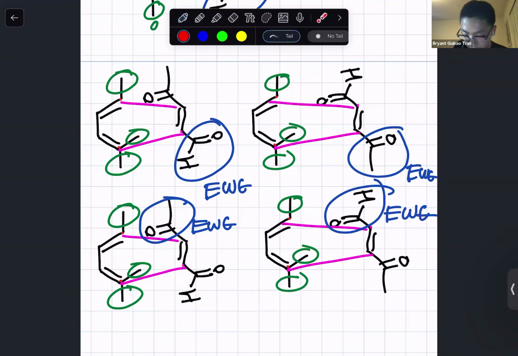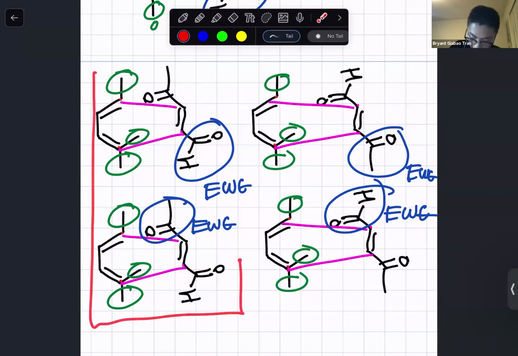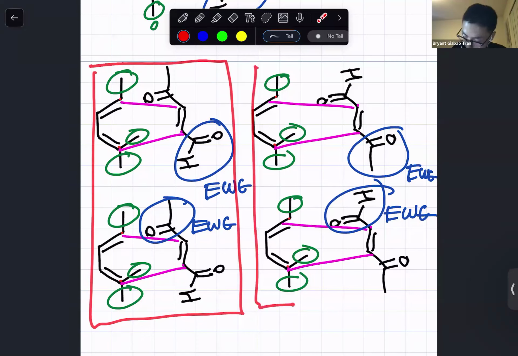And that would change the stereochemistry because we want the out group cis to the EWG and we want the in group trans to the EWG, right? So 2, 4, 6, 8 products from here, where these pairs here have the same orientation, same regiochemistry, but different stereochemistry. Same as these over here.